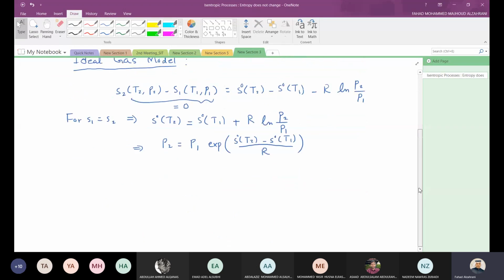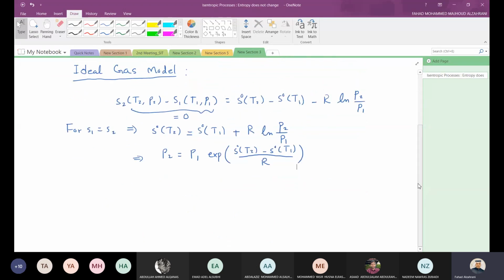So if you have a question with an isentropic process and an ideal gas, this equation applies. If I ask you what the final pressure is, you can find it using this equation and S naught from the tables, and then evaluate to find the final pressure.